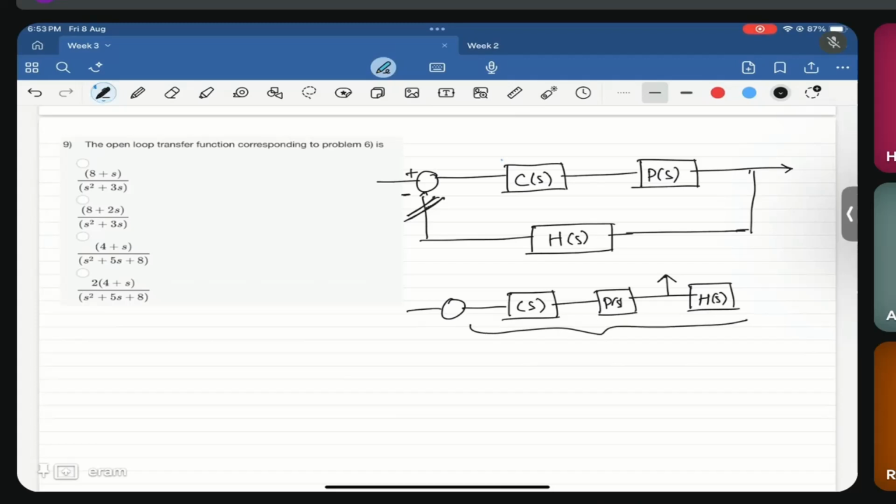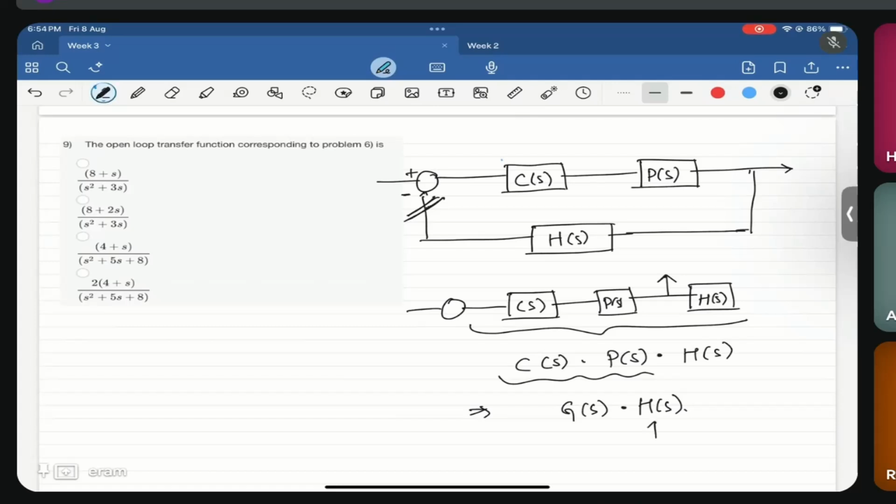Then what is the overall transfer function in this case? These get multiplied, so it is C(s) into P(s) into H(s). So this is the open loop transfer function. Now C(s) into P(s) we generally term as G(s). So it is G(s) into H(s), right?